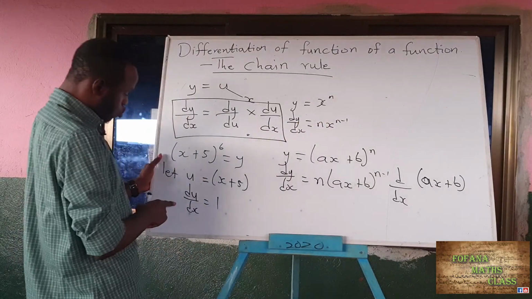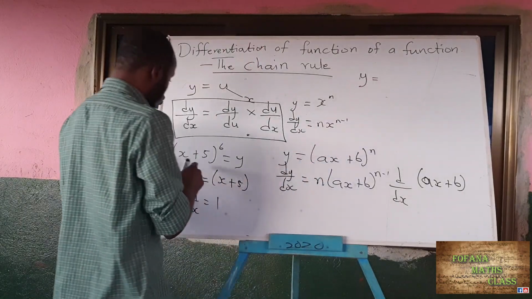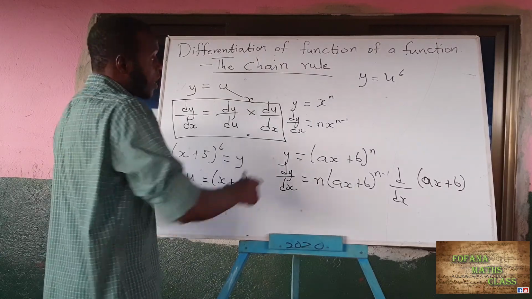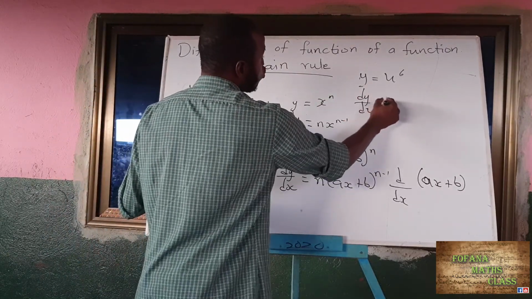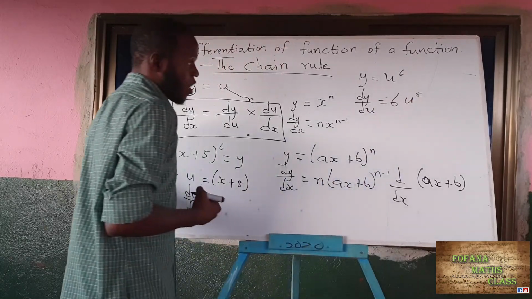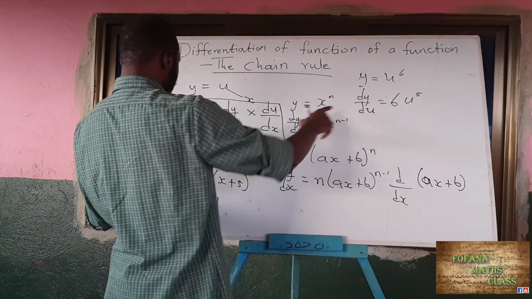Since you've made u equal to this, the function turns into y equal to u to the power 6. Differentiating this, you have dy/du equal to 6u to the power 5. Now you substitute the values.